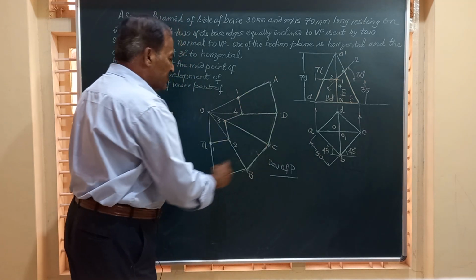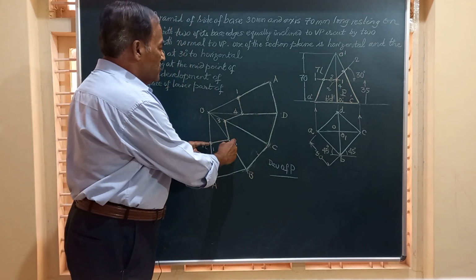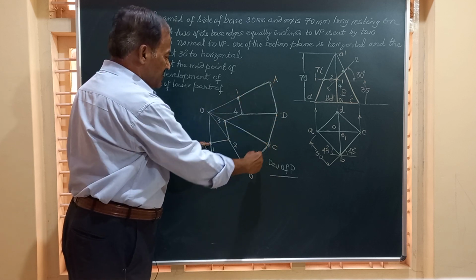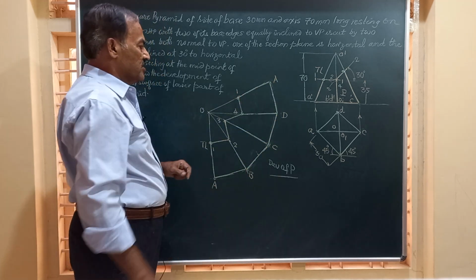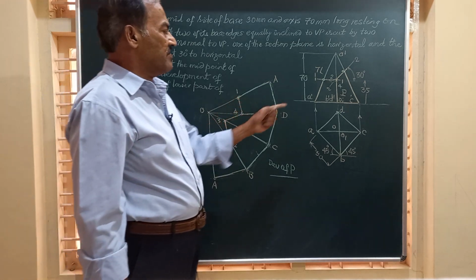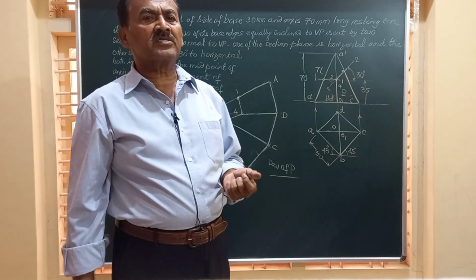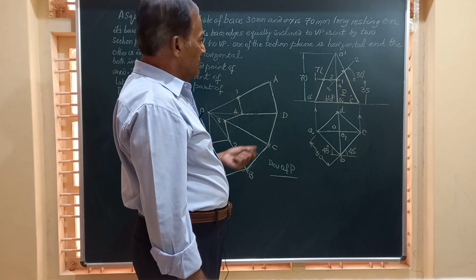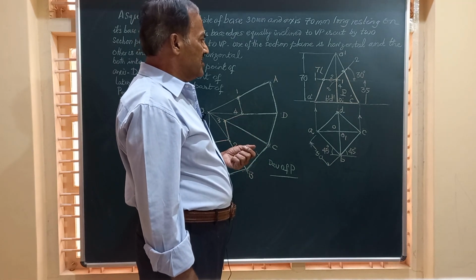And this figure 1, 2, 3, 4, 1, A, B, C, B, A, and this one will give the complete development of the lateral surface of the pyramid. Friends, you have to observe one important note here.